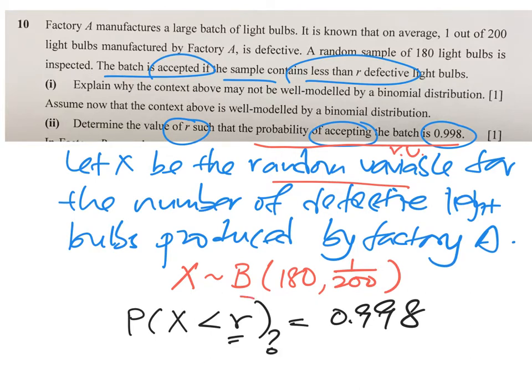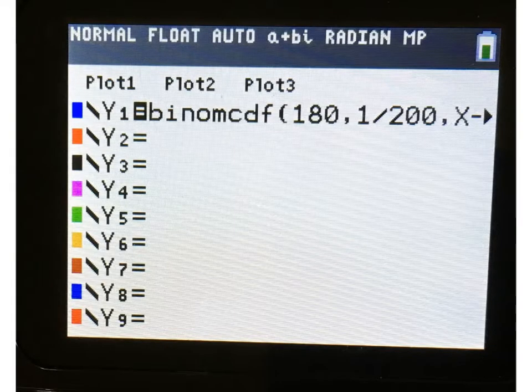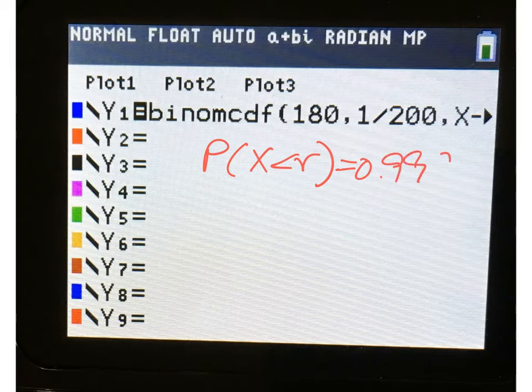Observe that this is a cumulative distribution function, so we can use the binomial CDF in our GC to help us find the value of R. Now, the probability of X less than R is 0.998.